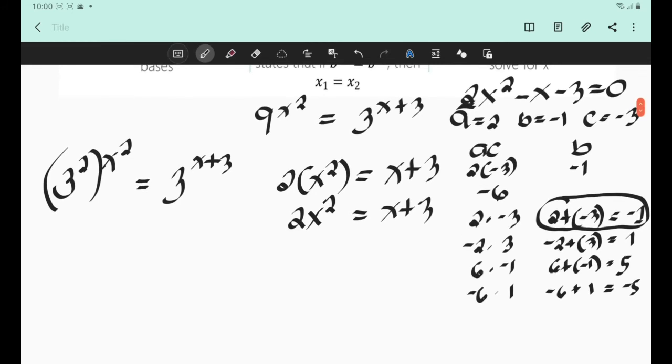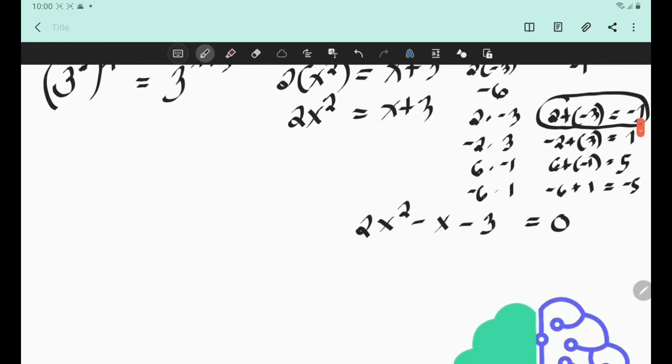So, i-rewrite muna natin yung ating quadratic trinomial. We have 2x squared minus x minus 3 is equal to 0. Now, we have 2x squared minus, so, itong nakuha nating factor, i-expand natin tong middle term.